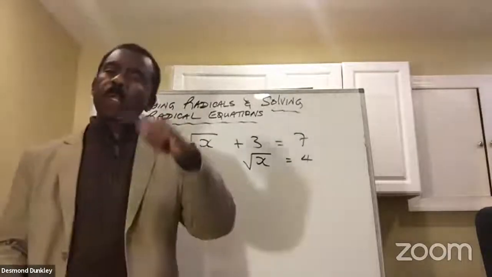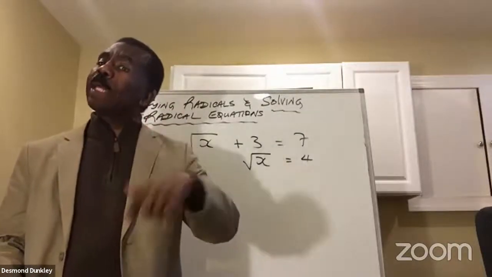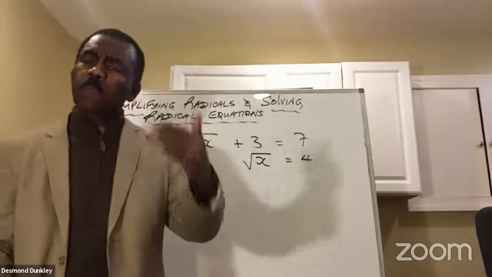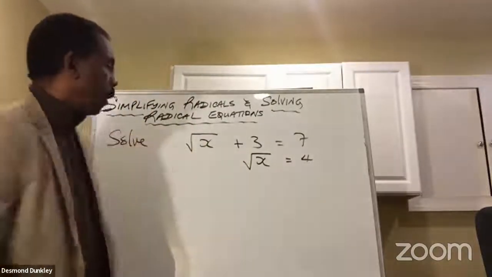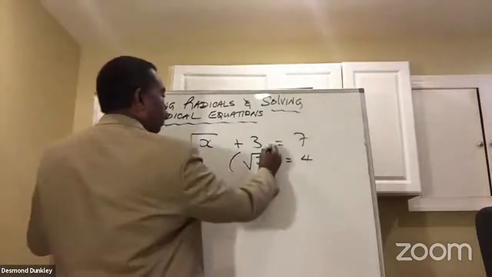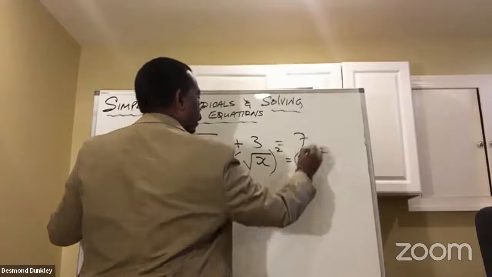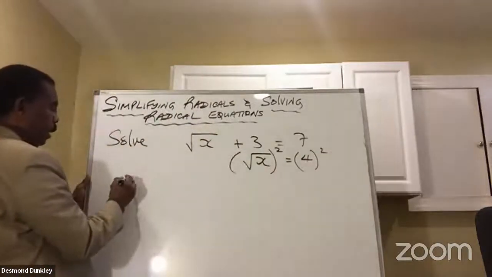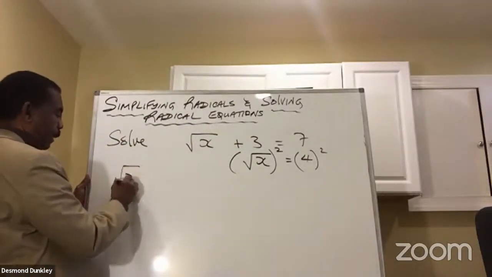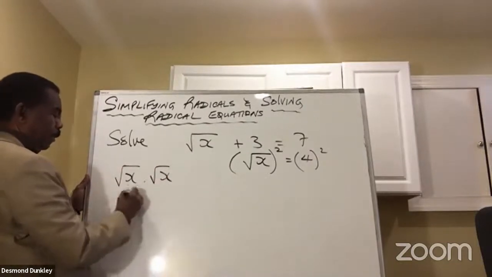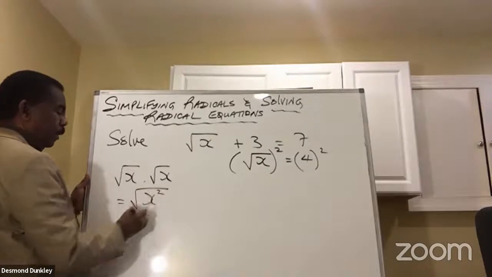How do I get rid of the square root? You do the inverse. So the inverse of square root is square. In other words, when you square both sides, remember, square root of x times square root of x is equal to the square root of x squared.